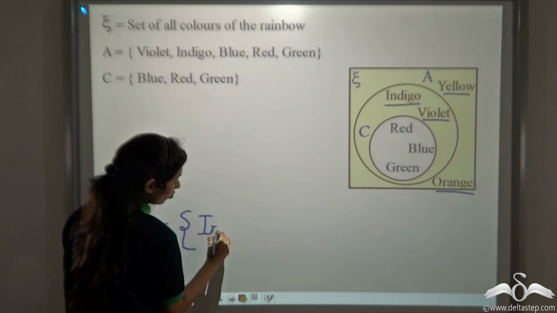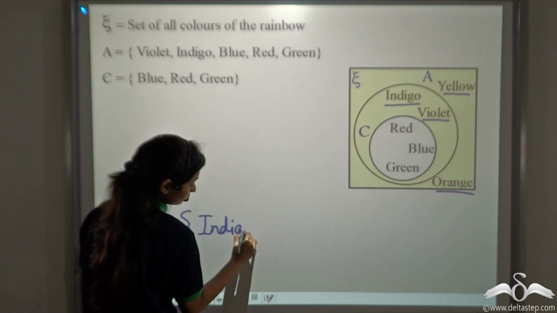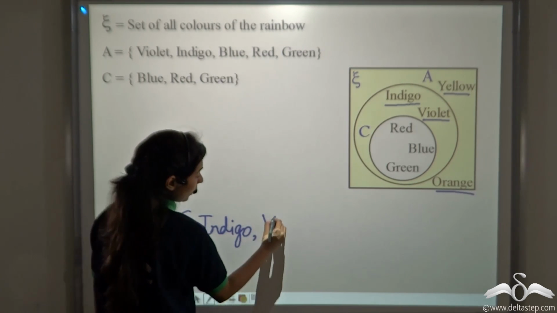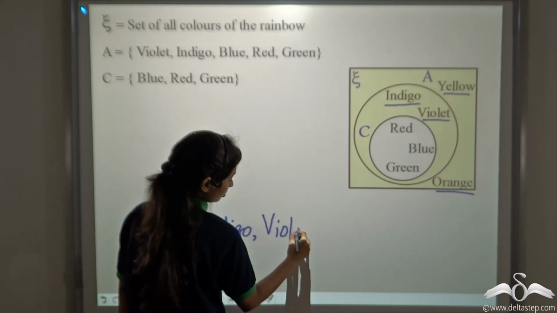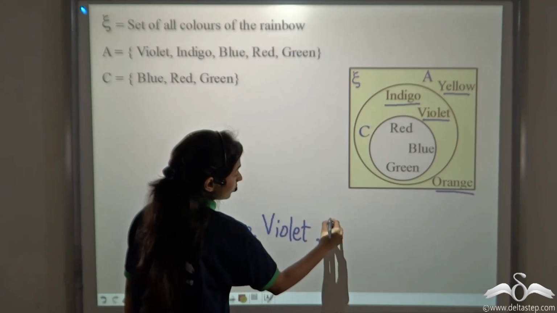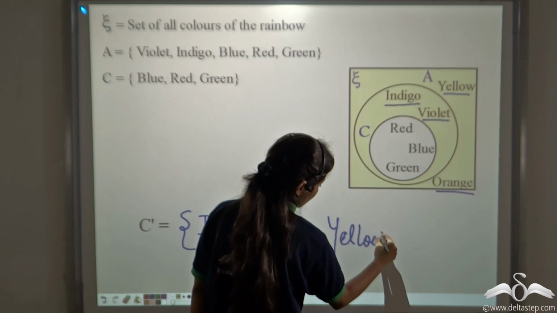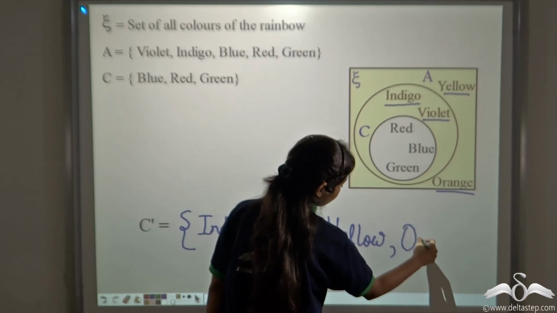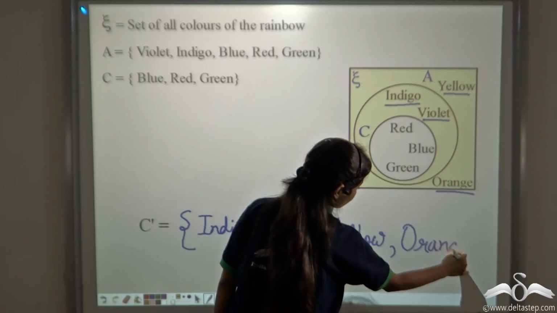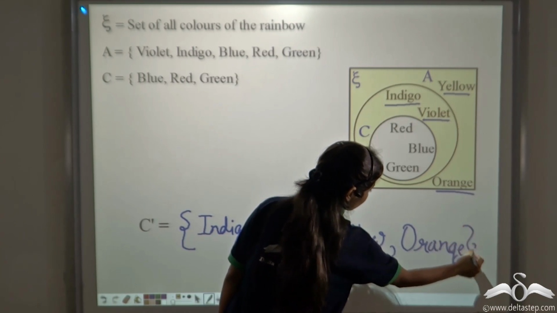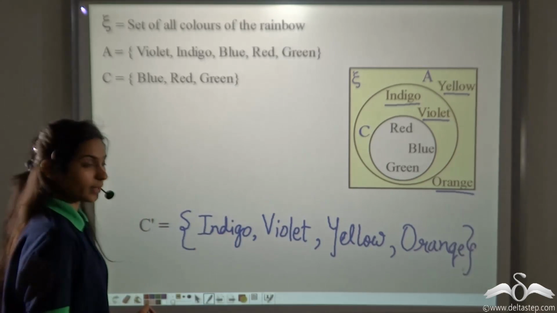So write indigo, violet, yellow and orange. So you get your C complement here.